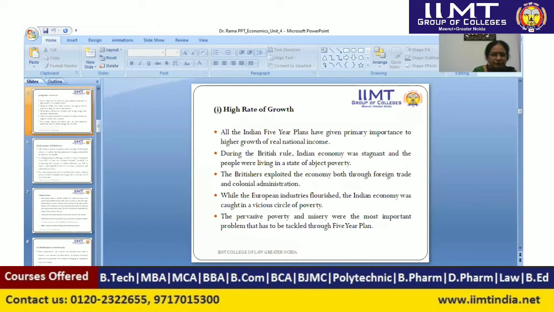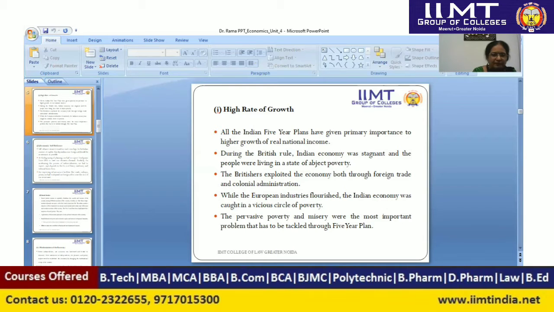High rate of growth. All the Indian five-year plans have given primary importance to higher growth of real national income. During the British rule, the Indian economy was stagnant and the people were living in a state of abject poverty.